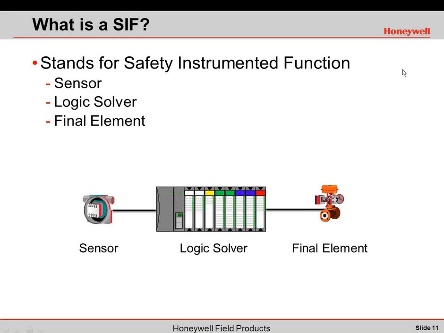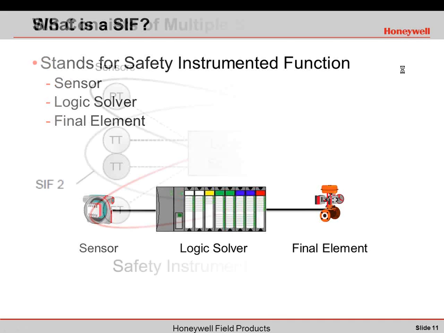The safety instrumented function has a specified safety integrity level, which is necessary to achieve functional safety. The SIS sensors, logic solvers, and final element act in concert to detect the hazard and bring the process to a safe state, which is the whole point of our safety system, is to, regardless of what happens, bring the process to a safe state.